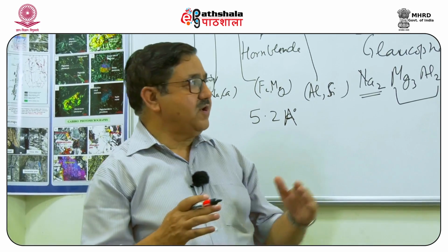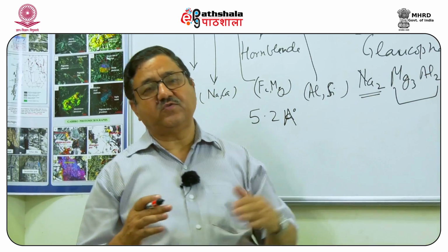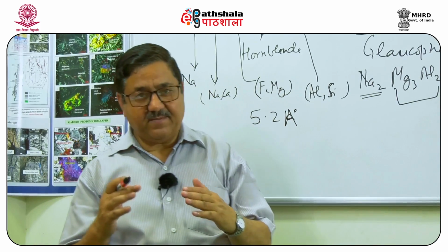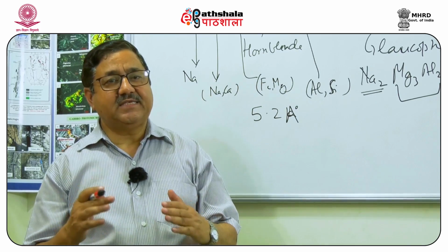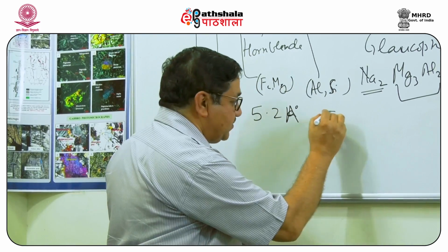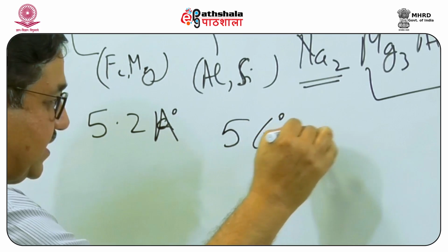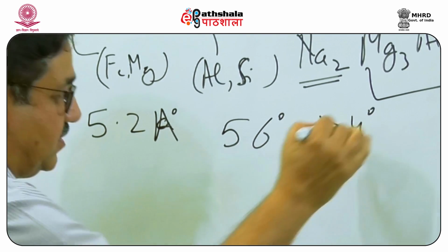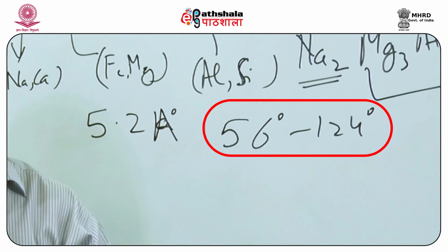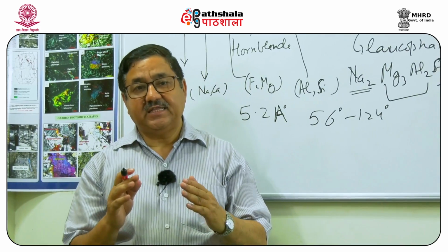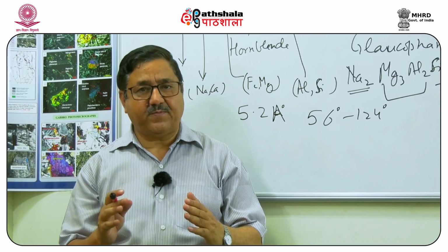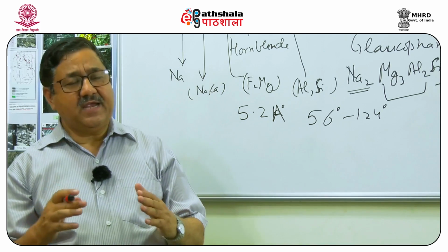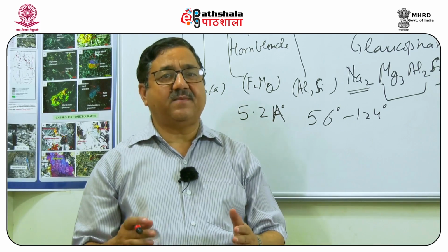In amphibole, because of the distortion introduced by the variable chemistry and the presence of the hydroxyl ion, the cleavage angle assumes 56 and 124 degrees. So, therefore, this becomes a very distinctive property of amphiboles in hand specimen as well as under microscopes.